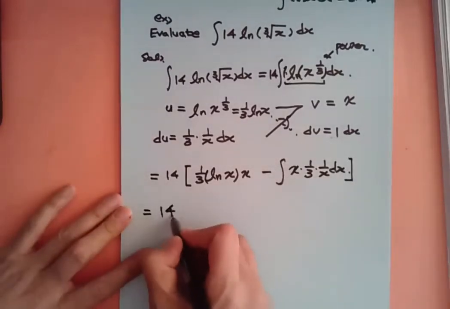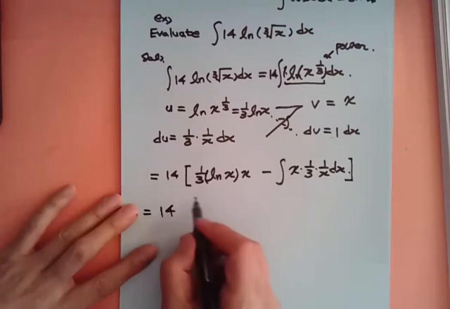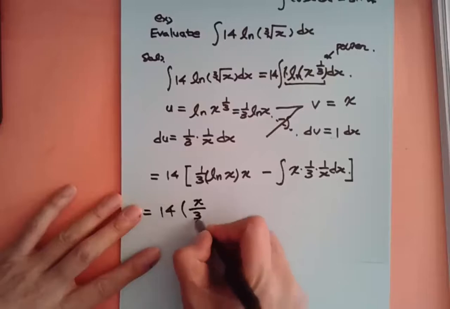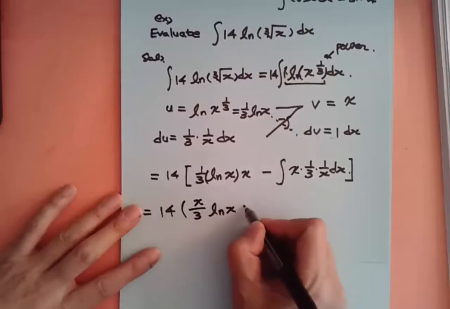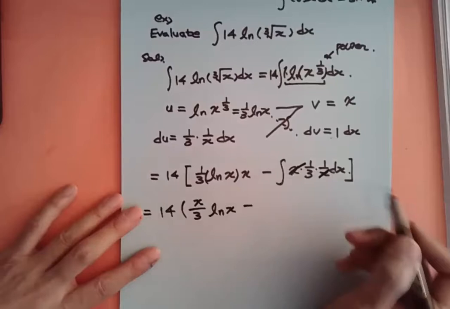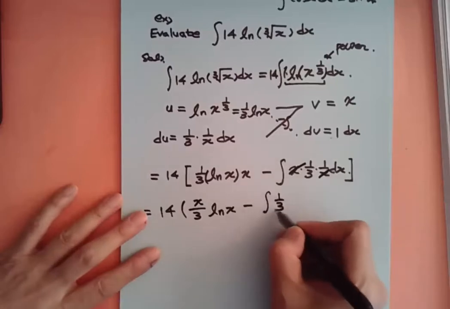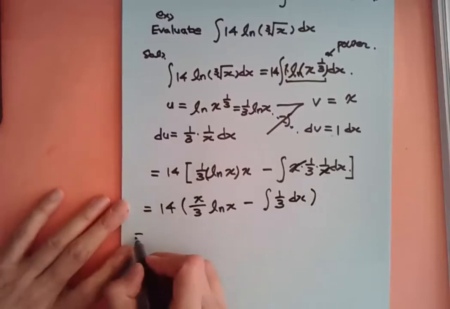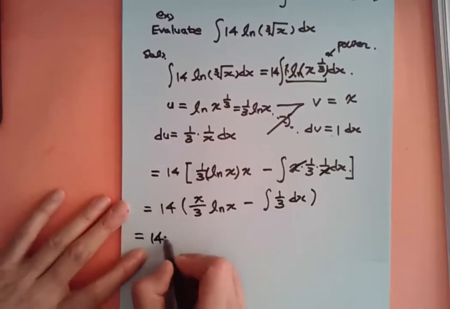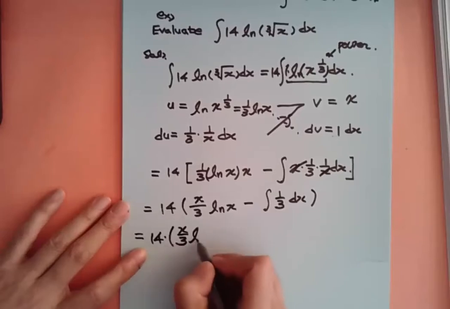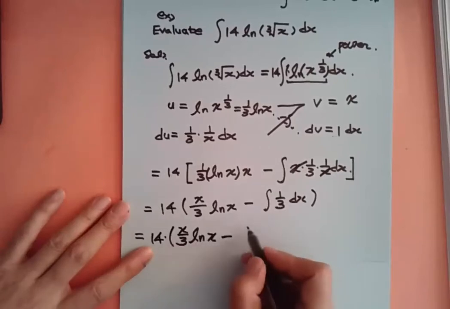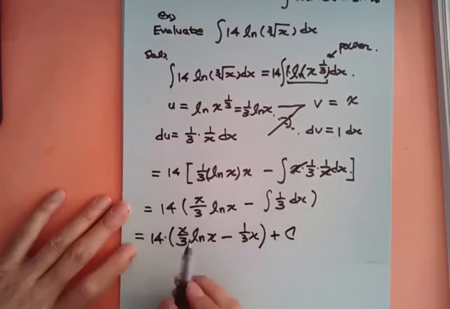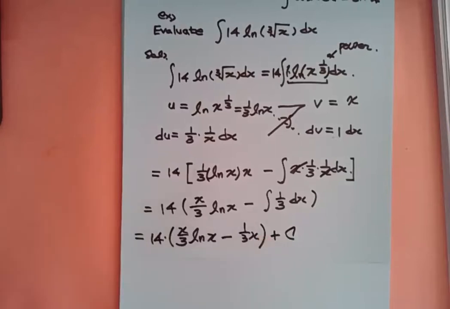So that is x over 3 natural log of x minus, these two will cancel each other, so integration 1/3 dx. So we can conclude that that is x over 3 natural log of x minus 1/3 x plus c. You can do distribution to conclude the problem, but this can be the final form of the answer.